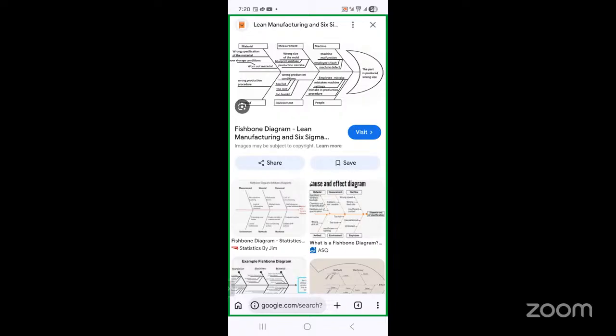Fifth factor is environment. First one is bad weather. Second one is insufficient illumination. And third one is high winds. Fourth factor is manpower problem, manpower related.